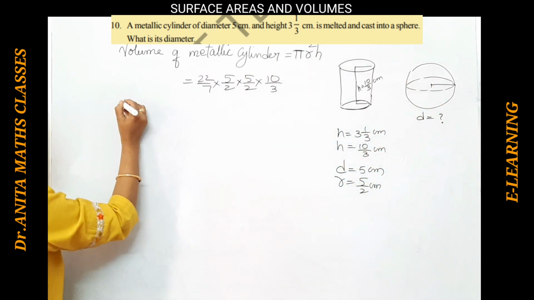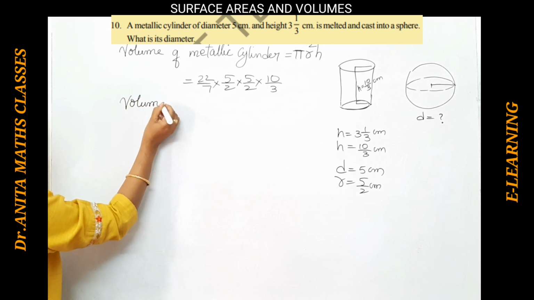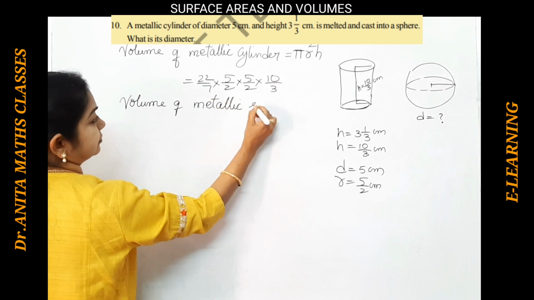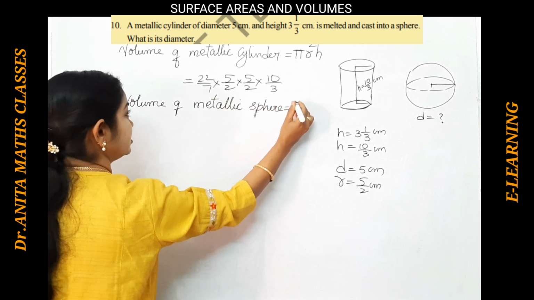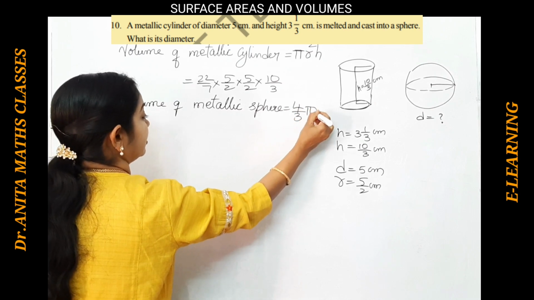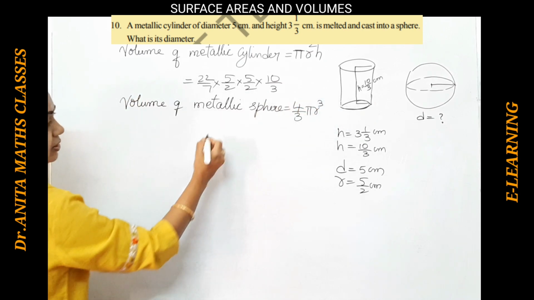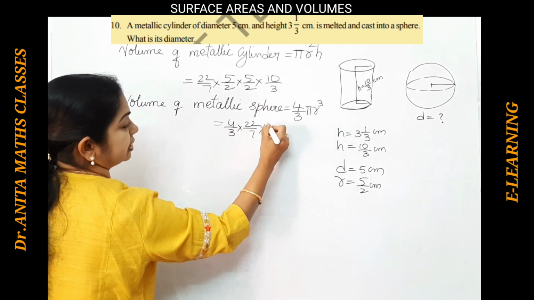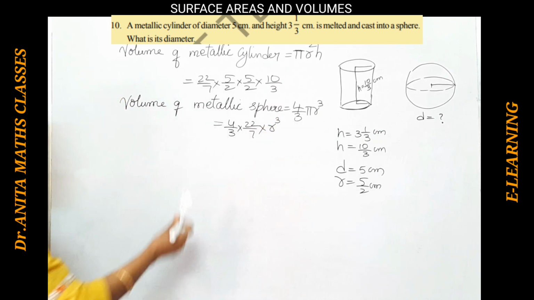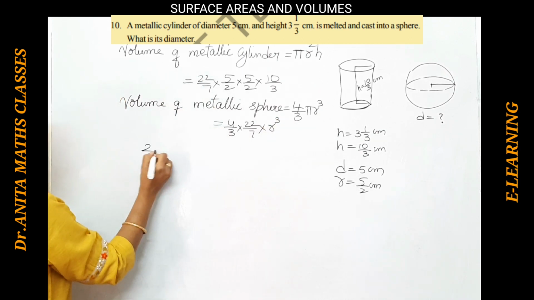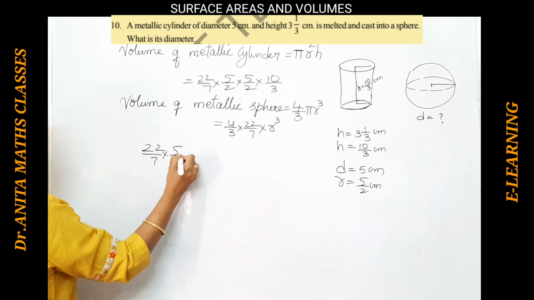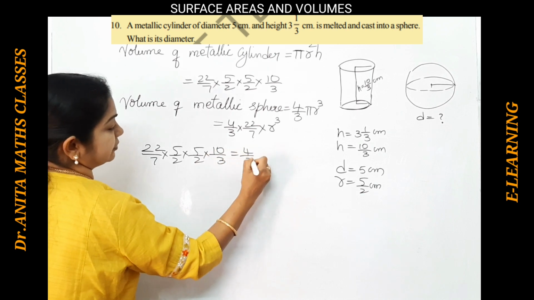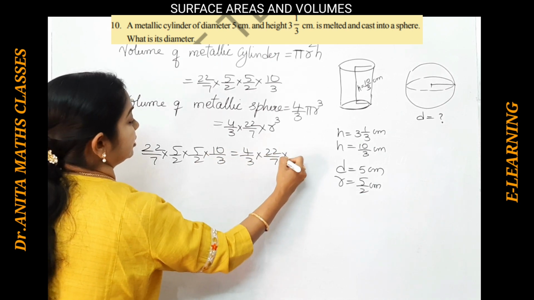So we will equate it to the volume of the metallic sphere, which is 4/3 pi r cube. This is the volume of a sphere. So that means 4/3 into 22/7 into r cube, we don't know the r value. So we will equate them. So 22/7 into 5/2 into 5/2 into 10/3 equals 4/3 into 22/7 into r cube.